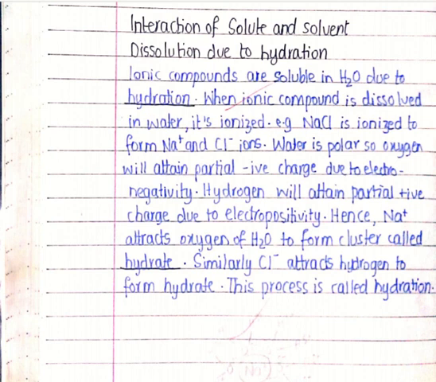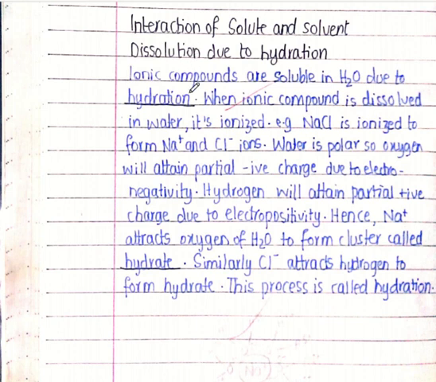I am frequently using the terms polar and non-polar. Dear students, I think you are familiar with these terms and you have also studied them in chapter number 4. Anyhow, I am repeating the definitions of polar and non-polar substances, because we will continuously use these terms in our explanation. Polar substances are those which have partial positive and partial negative charges on them.